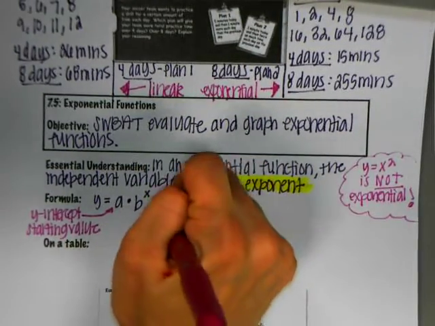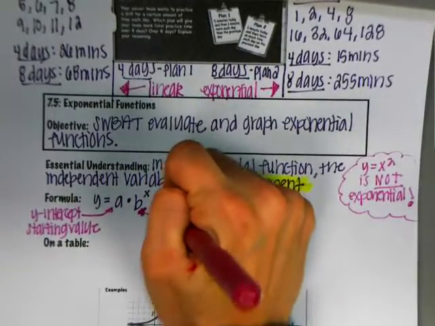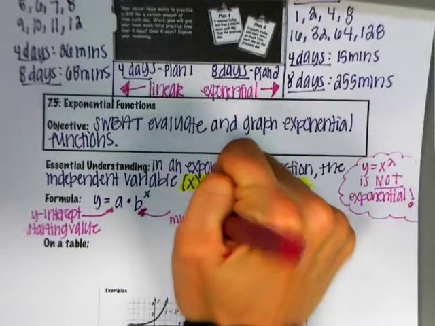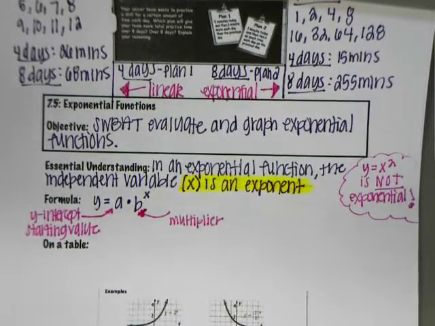And then b is going to be your multiplier. So if something's doubling, it's going to be a 2. If it's tripling, it's going to be a 3, and so on. Okay? And then the x stays an x for the function.